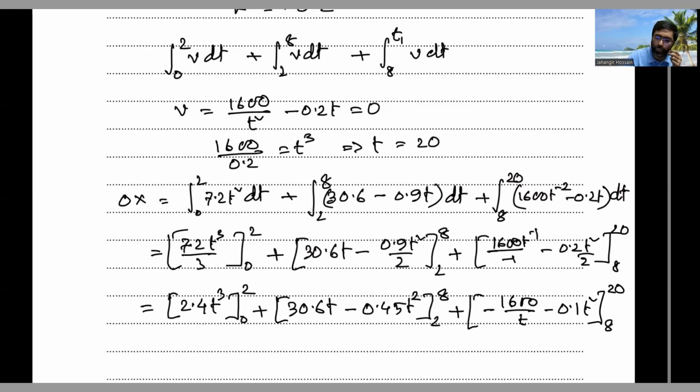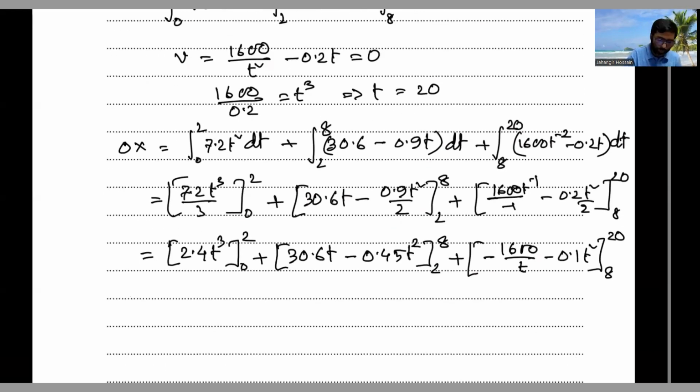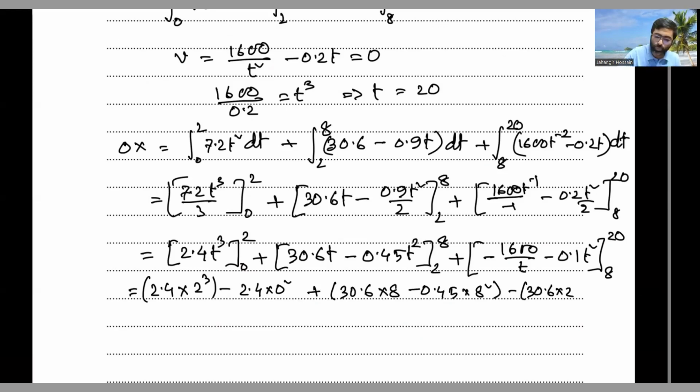Now if you substitute, 2.4 into 2 cubed minus 2.4 into 0, then 30.6 into 8 minus 0.45 into 8 squared minus 30.6 into 2 plus 0.45 into 2 squared.